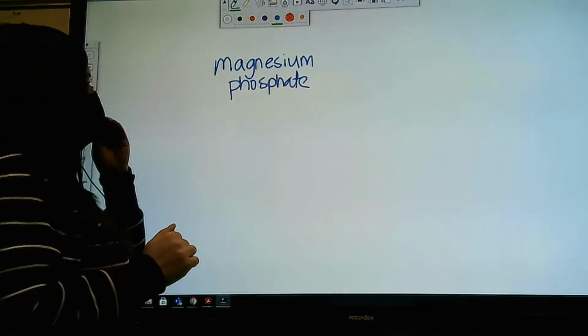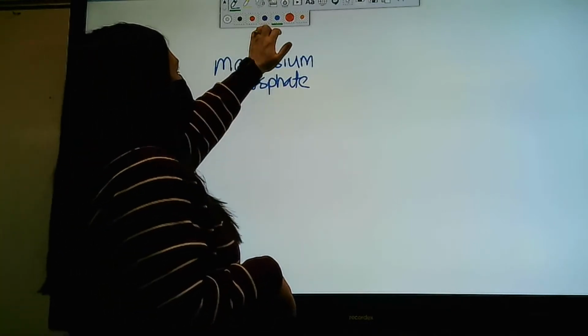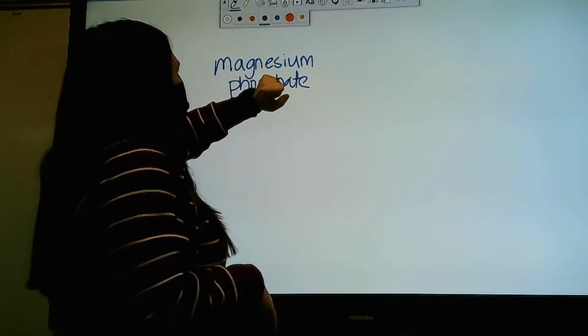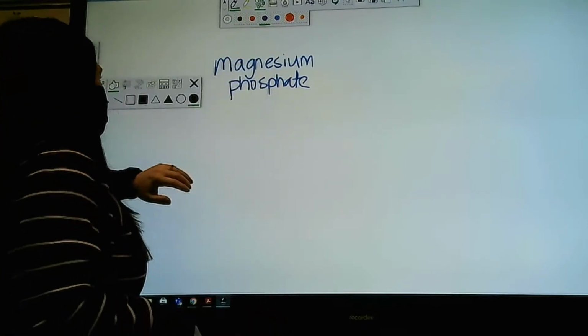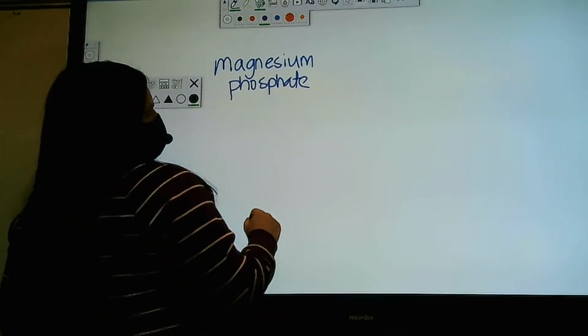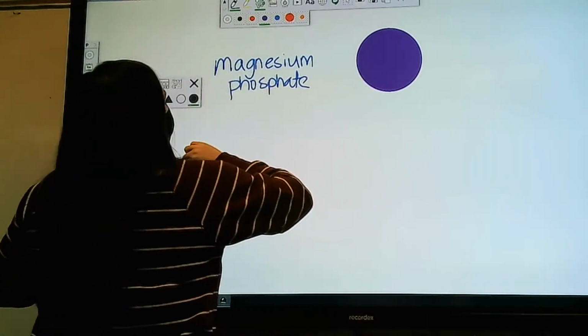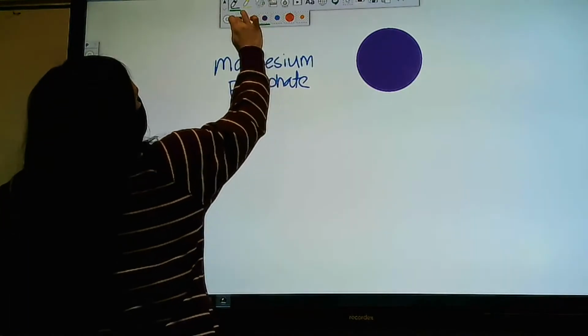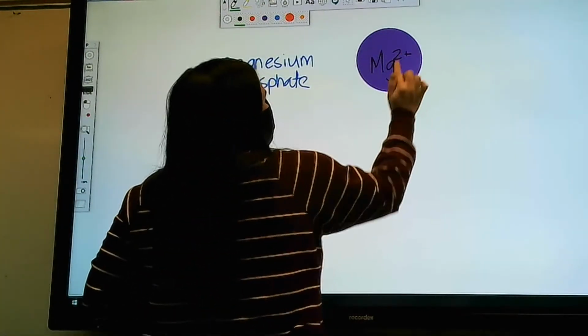All right, so if I have magnesium phosphate, let's just make magnesium purple in this example. What is magnesium's charge? It is a 2 plus, good. So I've got this magnesium atom here, and it is a 2 plus ion.